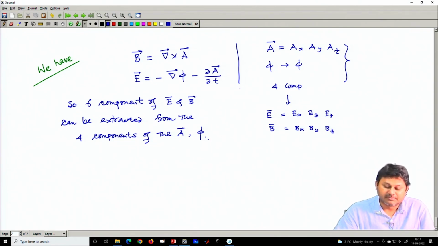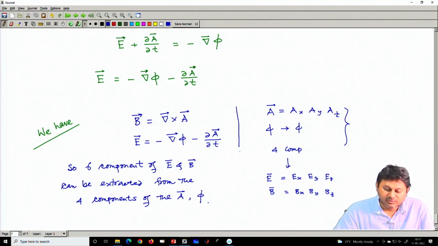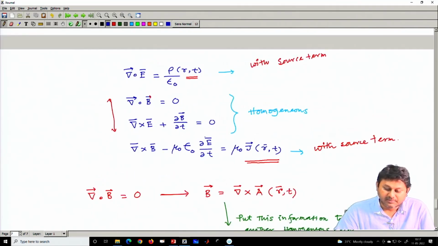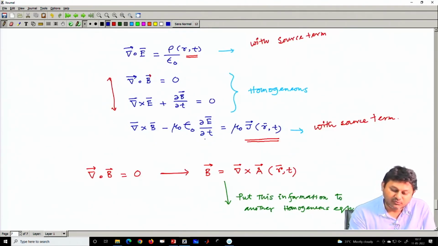So, in the next class, we will put these values of B and E in the non-homogeneous equations. We had 2 very important equations here with sources, that is equations 1 and 4.